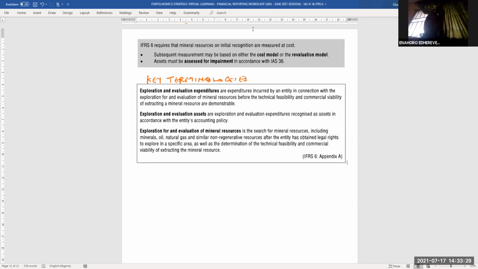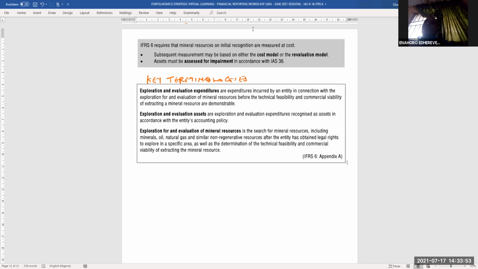Okay, I read now. IFRS 6 requires that mineral resources on initial recognition are measured at cost. Subsequent measurement may be based on either the cost model or the revaluation model. Assets must be assessed for impairment in accordance with IAS 36. Key terminologies.